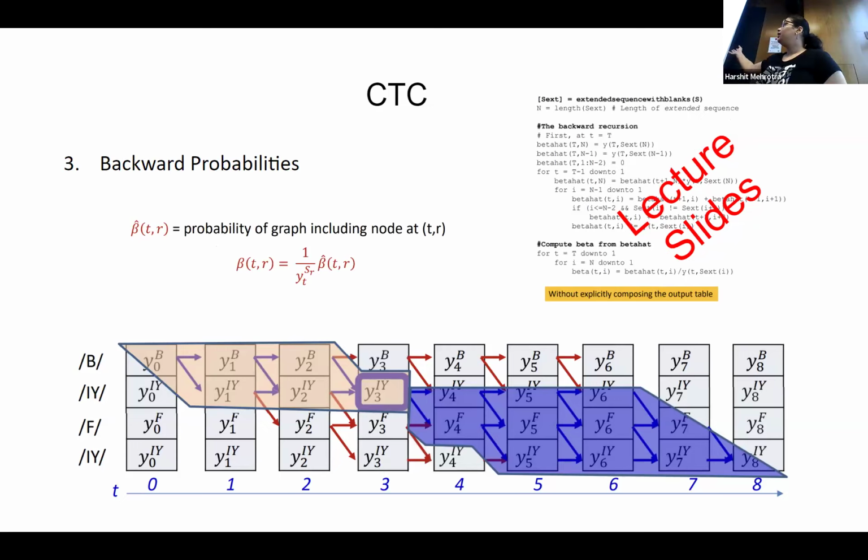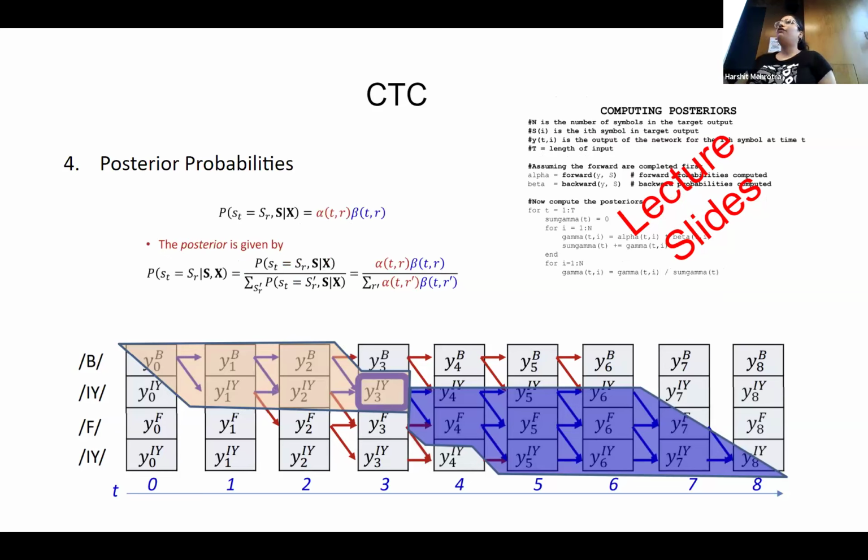And this is typically done in a bottom-up fashion. So you'll be starting from the last time step and symbol, and you'll be moving to the current time step and symbol. Again, the lecture slide has all of this code, including how the algorithm works and everything. So you just have to pick that up and figure out how to implement that for this data that we give you in this homework.